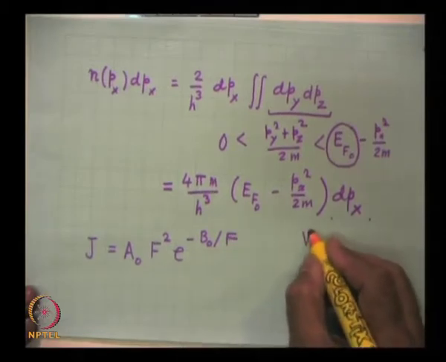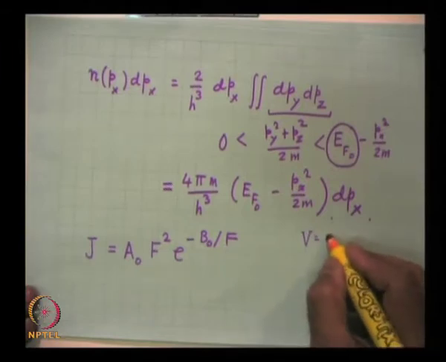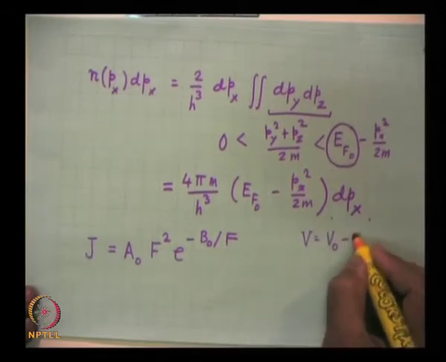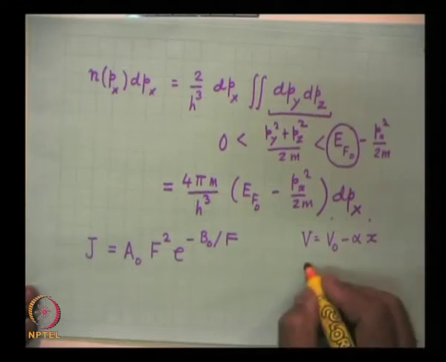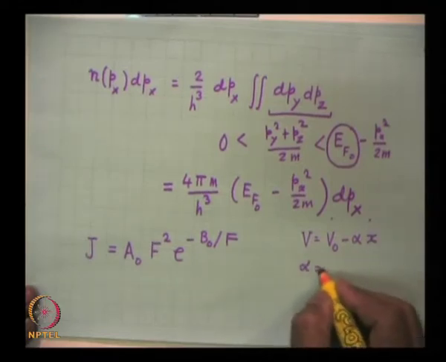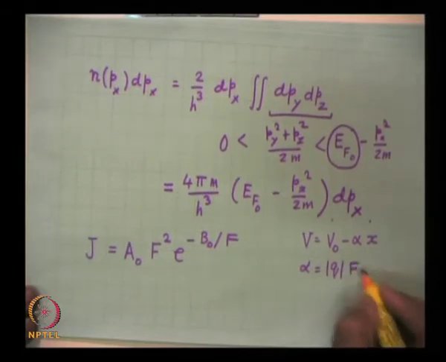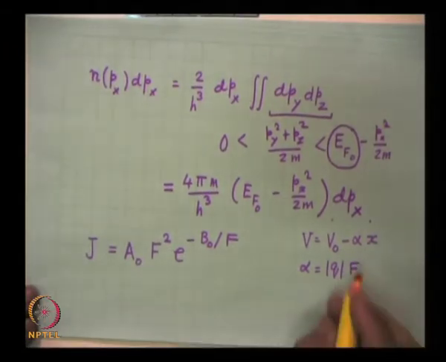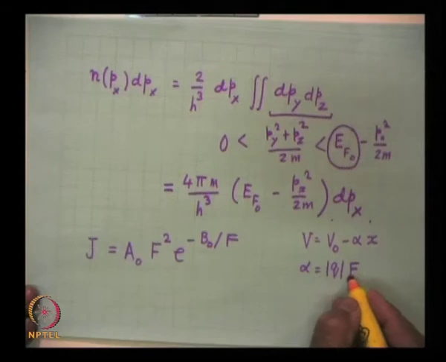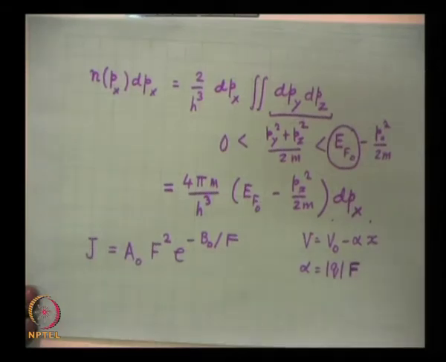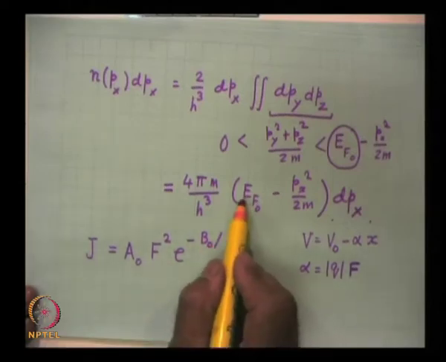Remember that the potential energy function was equal to V 0 minus alpha x. So, alpha is equal to the modulus of the electron charge multiplied by the electric field. The reason we have used the symbol F rather than E for the electric field is so that it does not get confused with the energy.